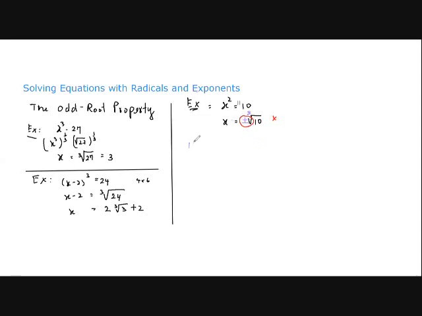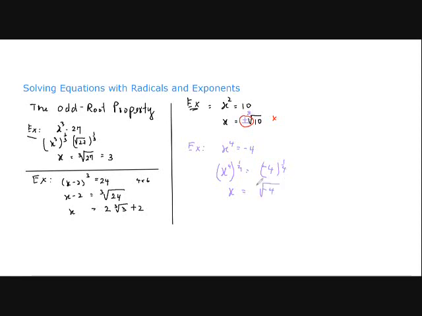Let's see more examples. If I have x to the power 4 equal to negative 4, do we have any solution? No solution. Because if you raise both sides to the power 1 over 4, you get negative 4 to the power 1 over 4, the fourth root of negative 4.